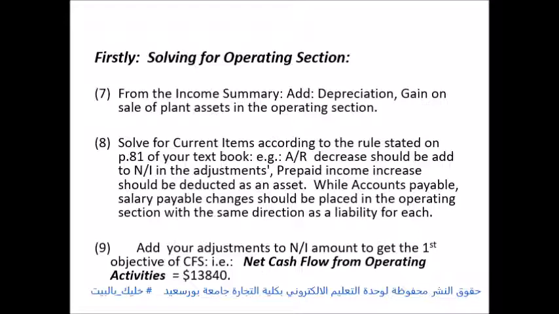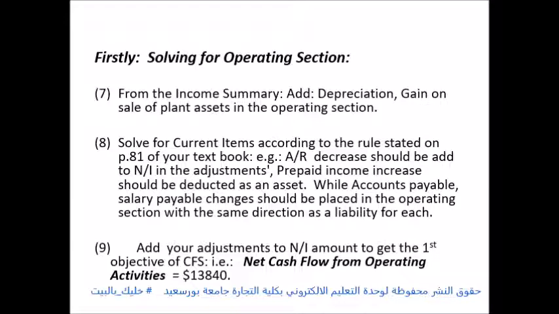Under operating activities, we now have only the figure of net income. The first step is to add... I need to transfer the accrual figure of net income into cash basis.